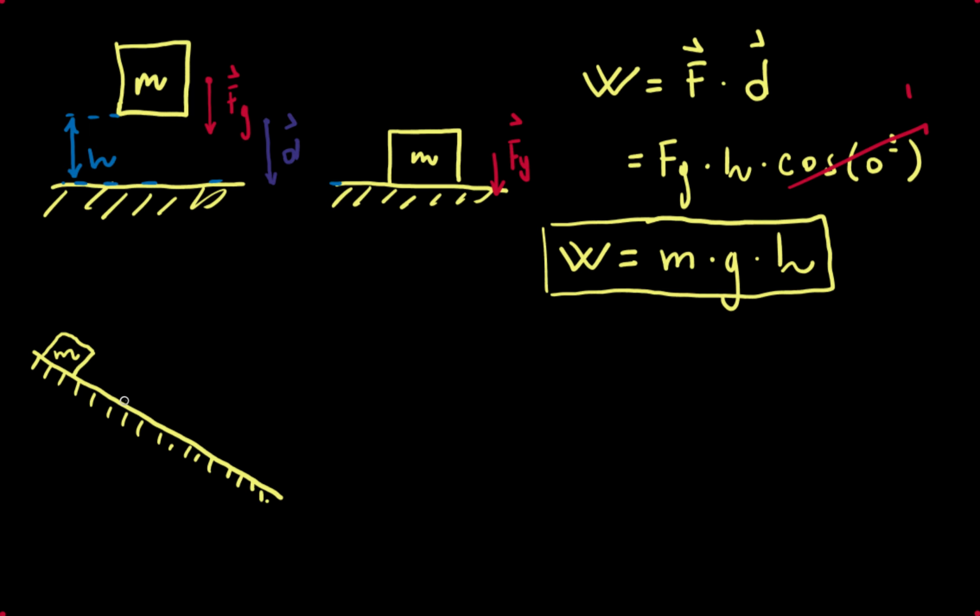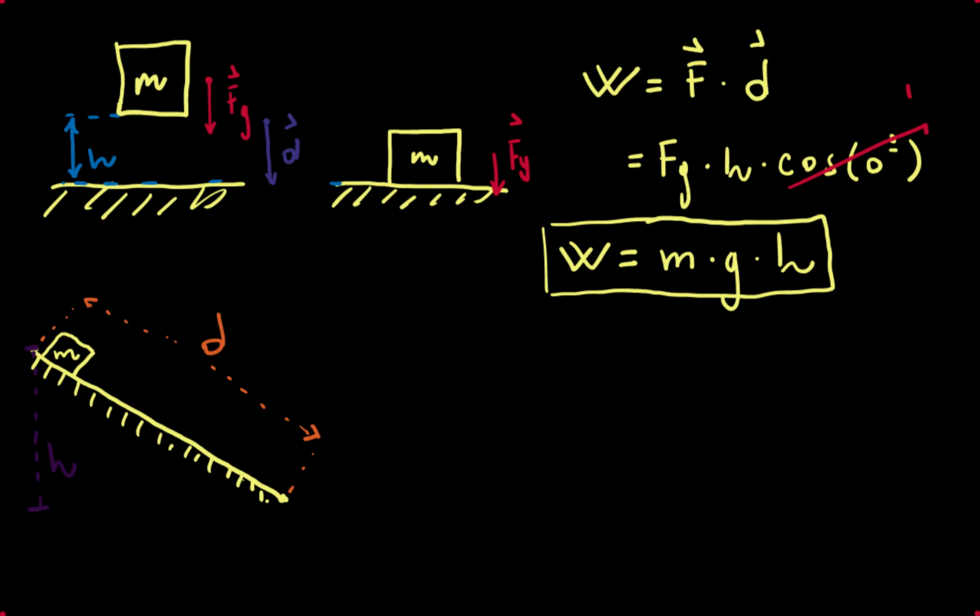What we know about this incline is that the distance from this point to this point we're going to call d. And let's say that we already know ahead of time the height. From here to here, we know that this is the height, right?